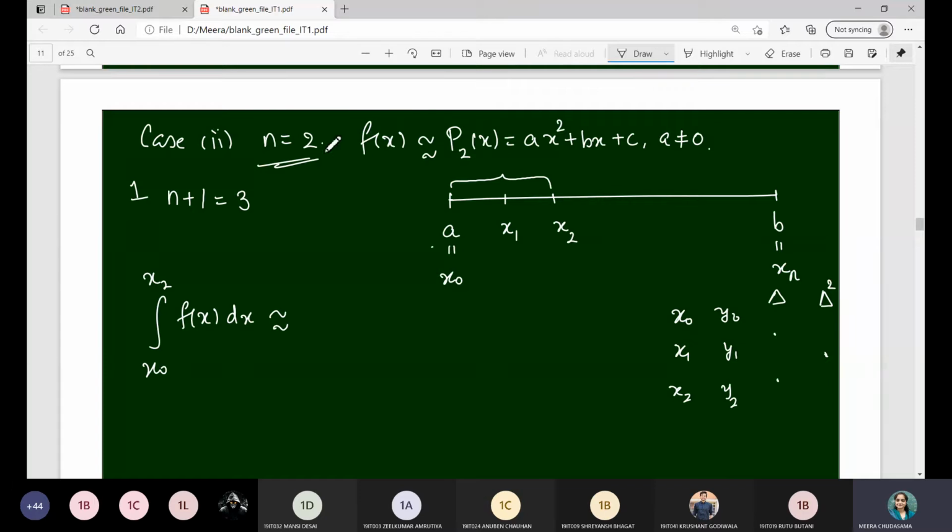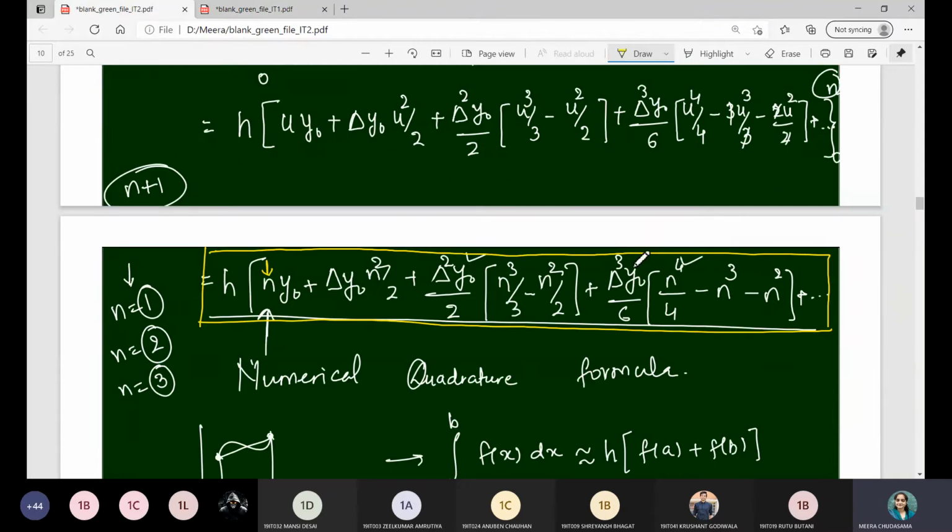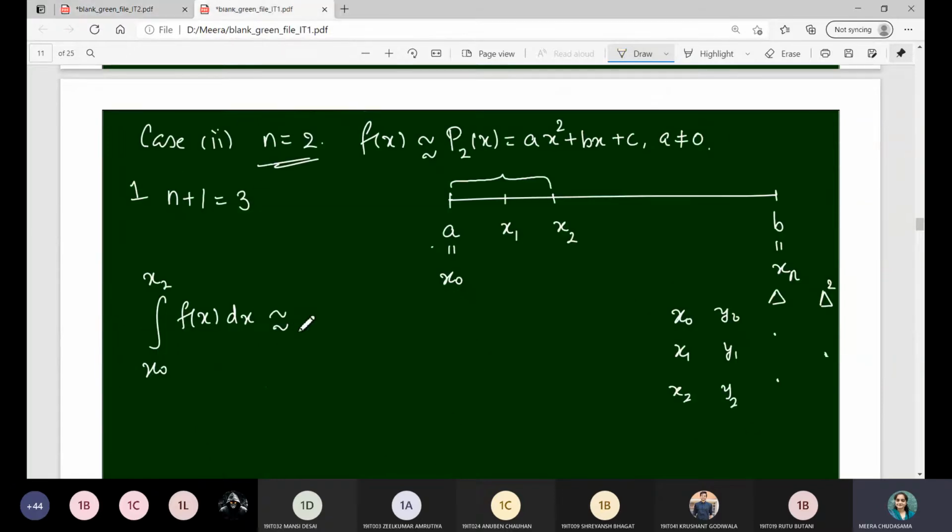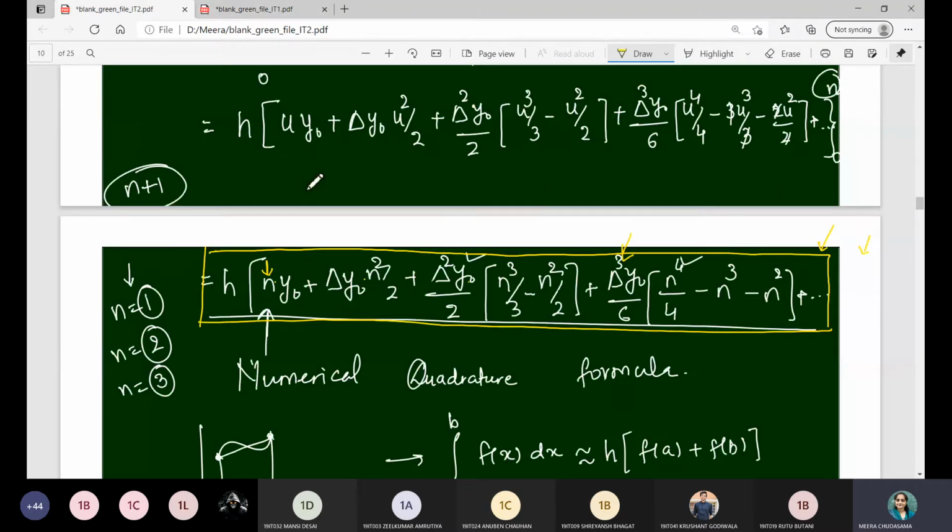So if n is equal to 2, delta 3 onwards will be 0, meaning in this case this quantity will be 0, other quantities will be also 0. So we are now concerned with first 3 terms of this expression only, in which we have to consider n as 2.